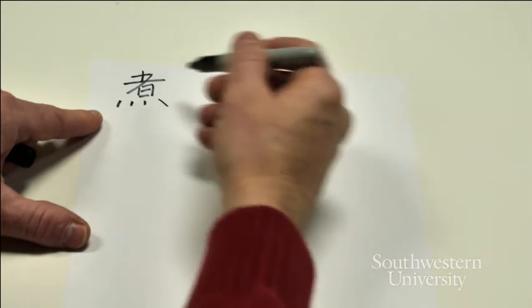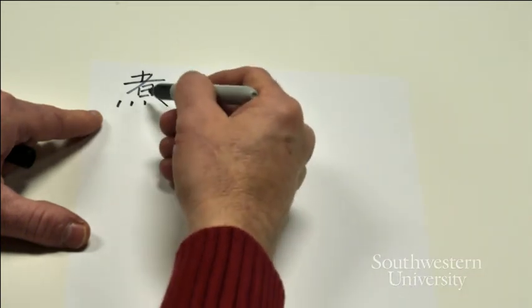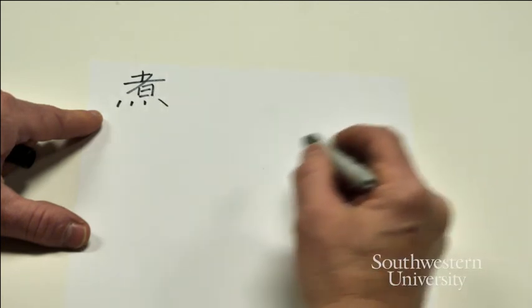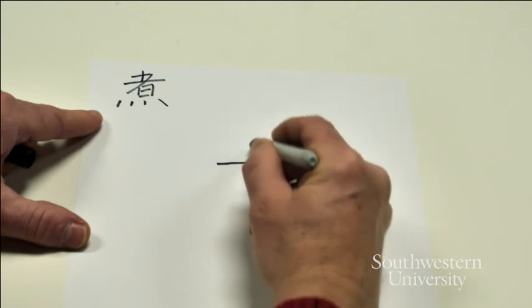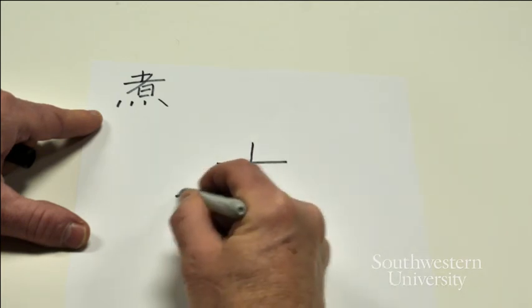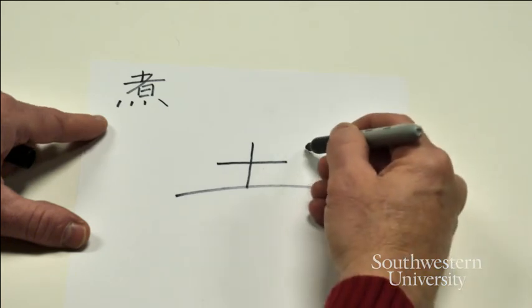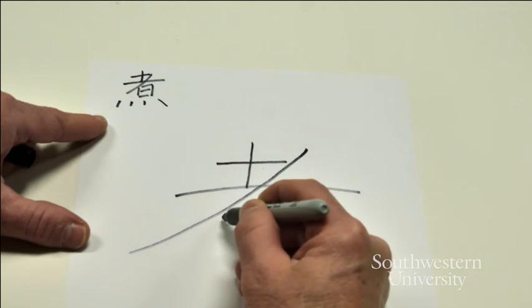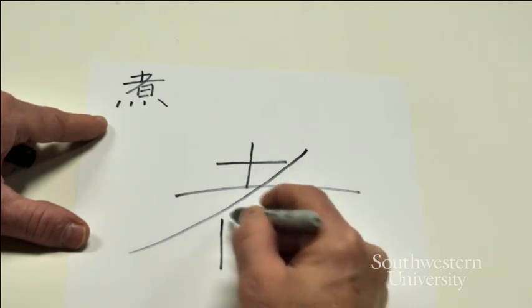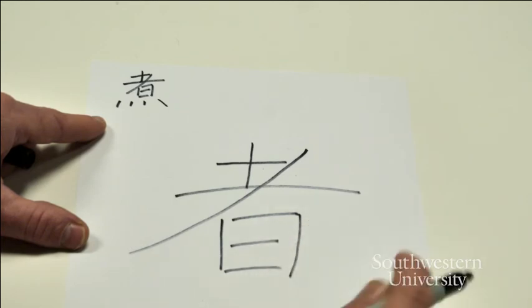But that might help you remember it, it might not. Hopefully it'll help you remember zhu when we get there. To write the character, you have heng, shu, heng. So that might be an indication of two hands, and then passing something down, one long pie, and then the top of the pot. Shu, heng, zhe, heng, zhe.